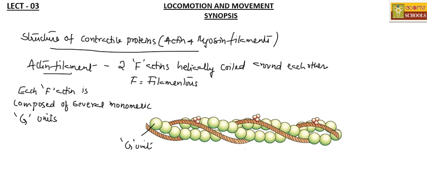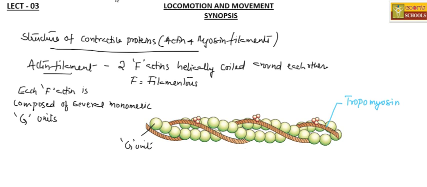Now running close with these two F actins is another protein that is called tropomyosin. So this is what we call tropomyosin.